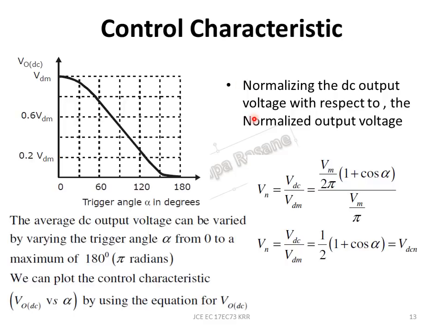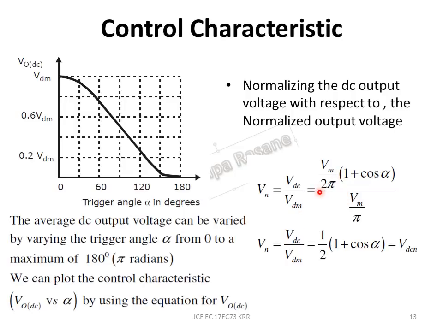Now there is one more term that we should be familiar with, and that is called the normalized output voltage. Normalized is nothing but: whatever VDC output is calculated based on this alpha and the formula that we know, we divide that VDC by the maximum value of the DC output voltage.